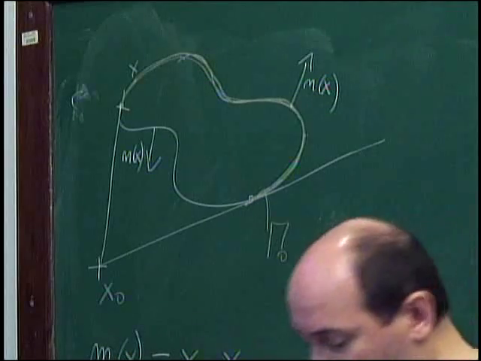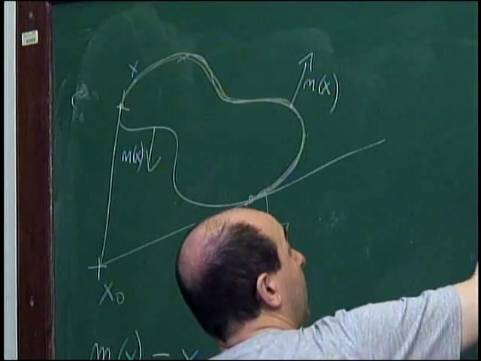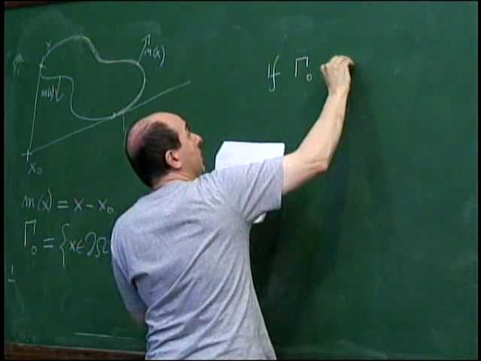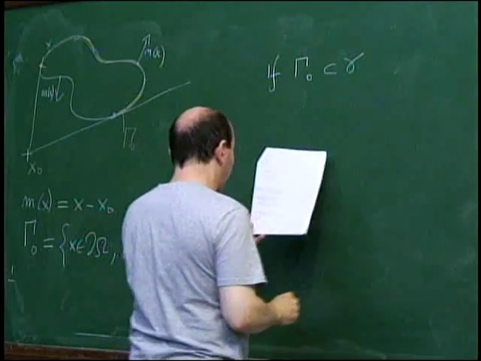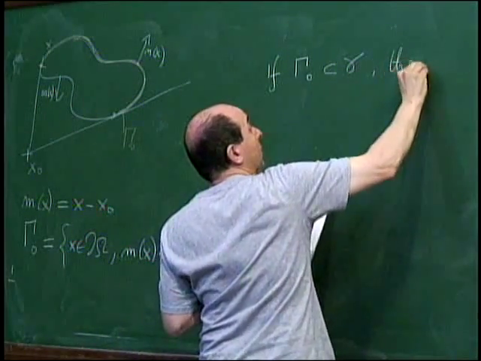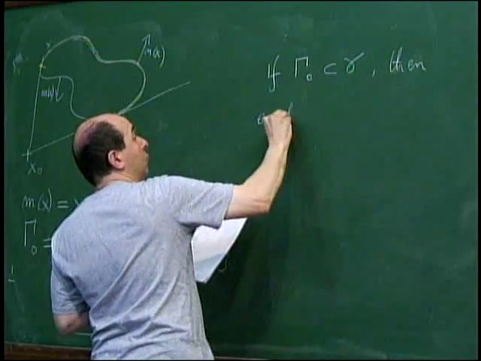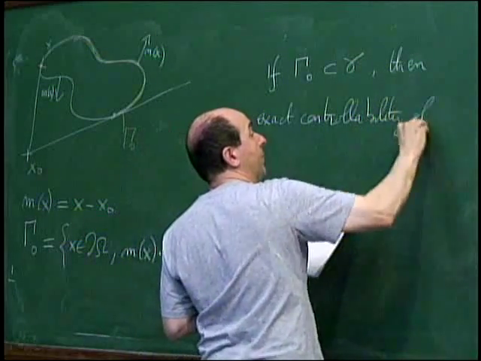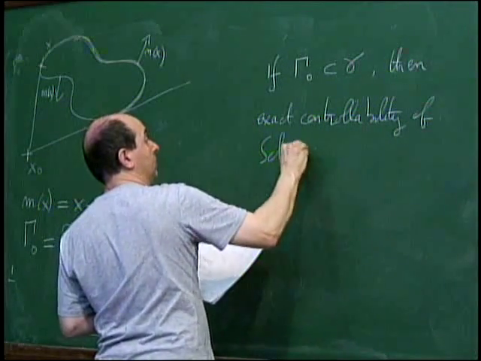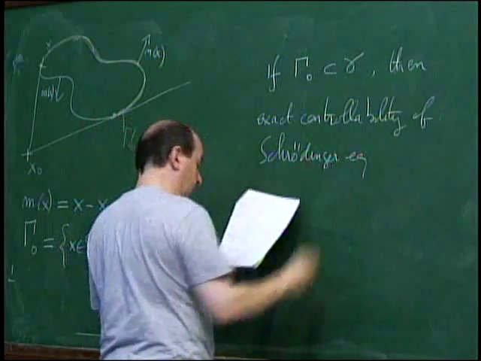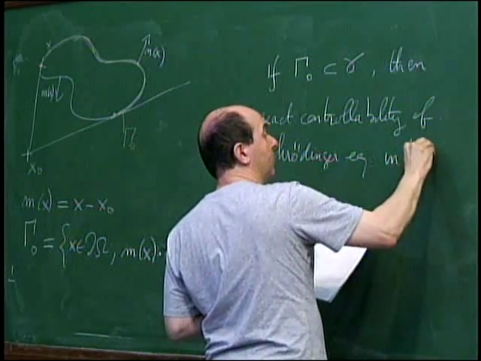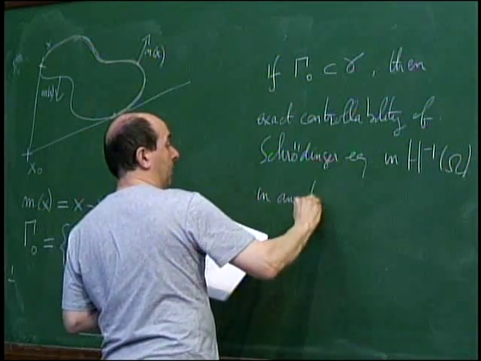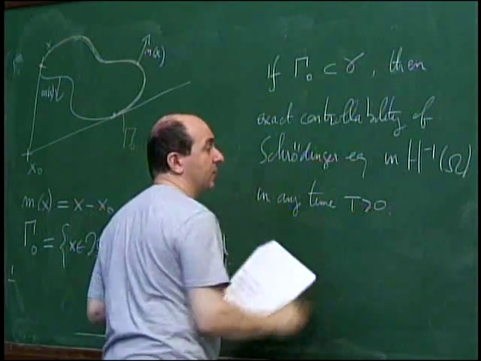Now we have the result. So the result is the following. If this set gamma 0 is included in gamma, then we have the exact controllability of the Schrödinger equation in this space, H minus 1 of omega, in any time t larger than 0.